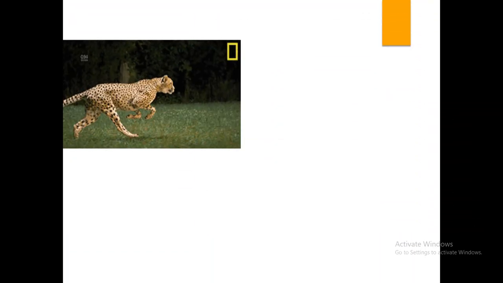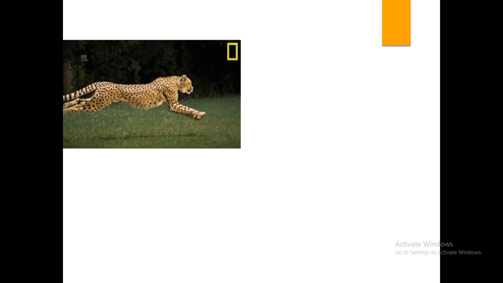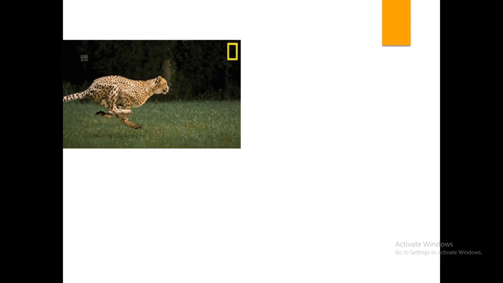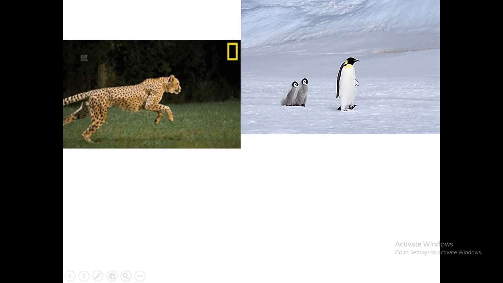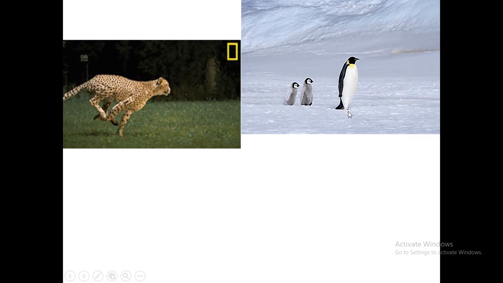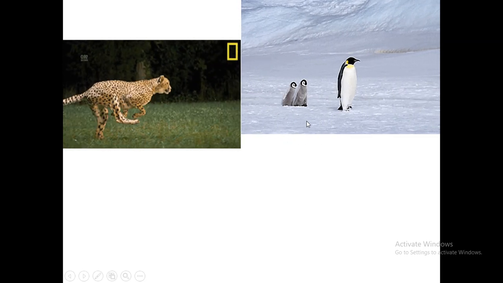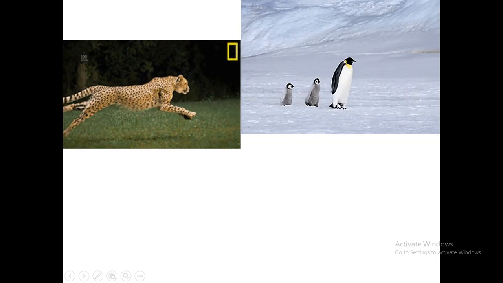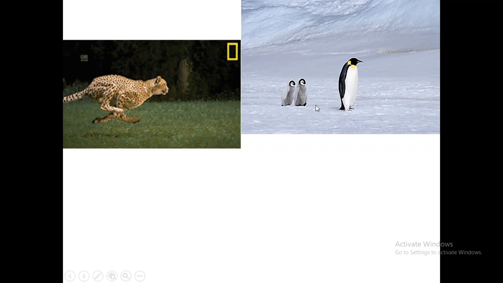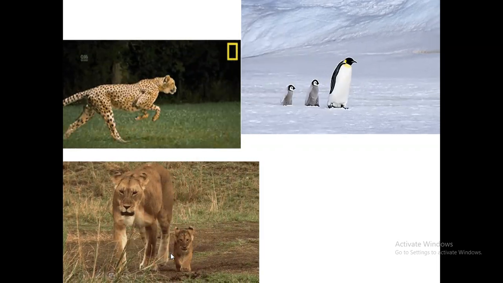What else can they do? Look at this picture here. This is a leopard or a cheetah, and it's running. It moves. In this picture here, you can see the penguin mother with its babies. The babies can move, and also animals can make babies. This lioness is with its baby too.